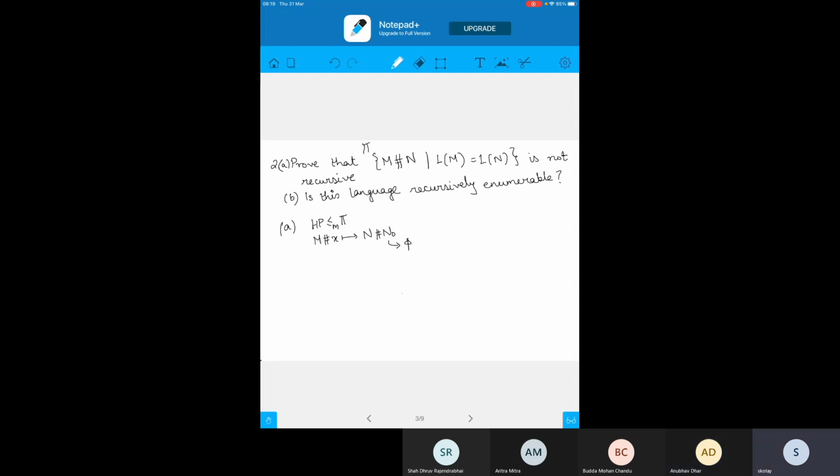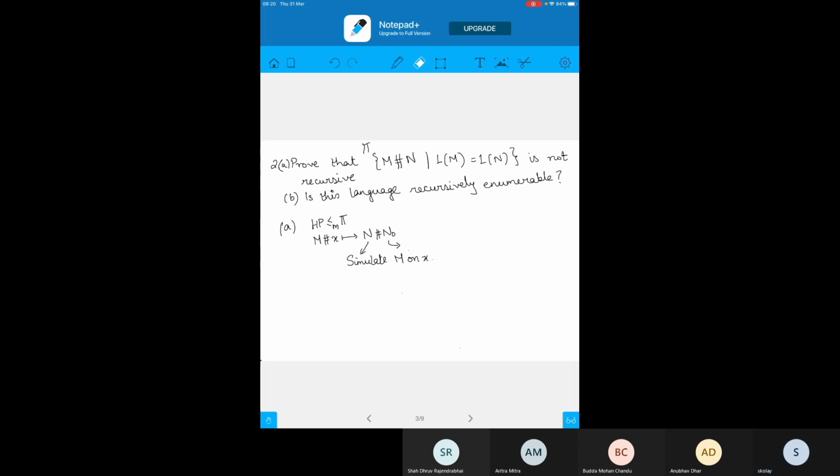Okay. So this is where you are simulating M as a subroutine, right? Yes, ma'am. And so if M halts on X, then we accept everything. Otherwise, we don't. But I think you are giving a reduction from... Do you want phi or sigma star here?